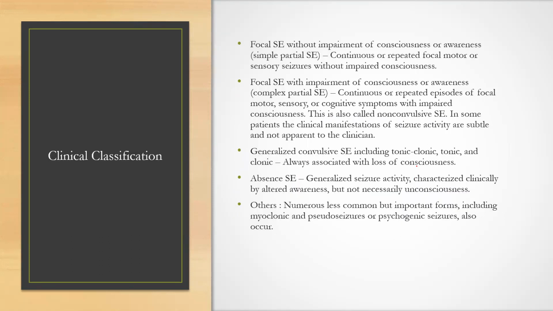Before looking into the etiology, we have to classify status epilepticus based on the semiology, whether it is focal, generalized, absence or some other type. As we classify seizures per se, in status epilepticus also we divide into focal status without impairment of consciousness, previously called simple partial status, or focal status epilepticus with impaired consciousness, that is complex partial seizures.